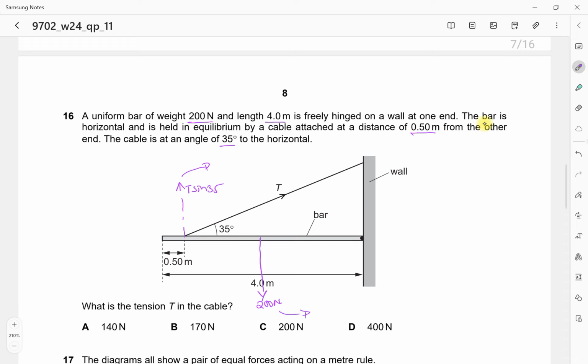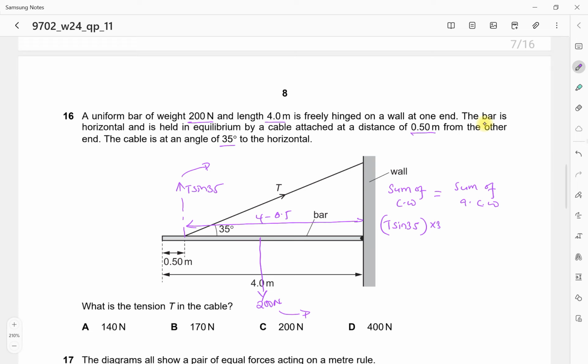So for equilibrium, the sum of clockwise moments equals the sum of anti-clockwise moments. So I will say T sine of 35, and the perpendicular distance is going to be 4 minus 0.5, which is 3.5.